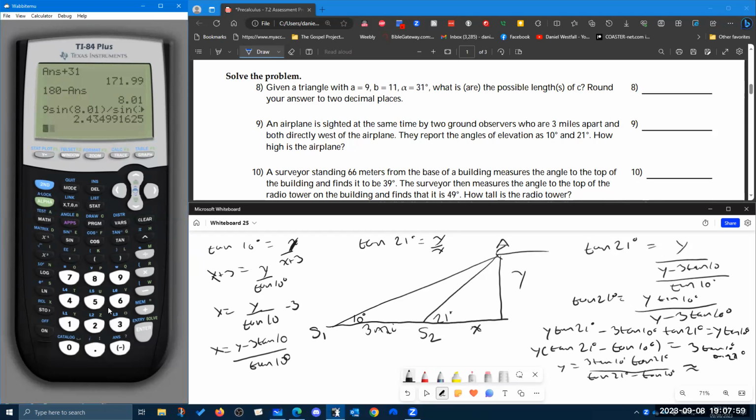3 tan 21 times tan 10 for my numerator, divided by the denominator, tan 21 minus tan 10. Close that up, and we get about 0.98 miles above the ground, which is good.